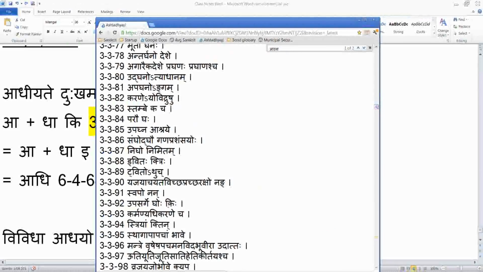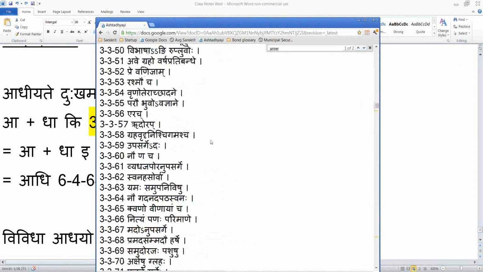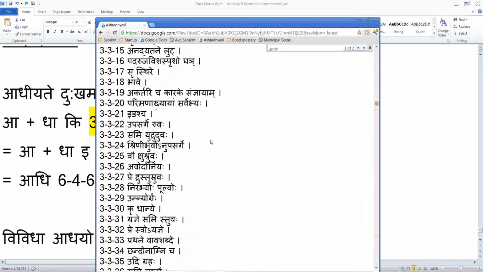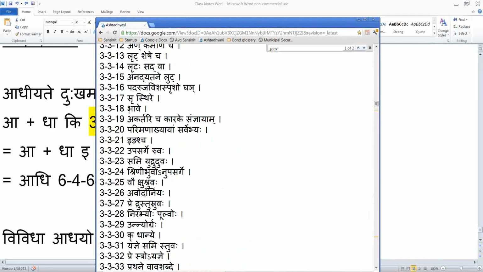Ki. Ghokihi. Now this 3.3 in the Ashtadhyayi is a place where Panini creates nouns from verbal roots. So in that adhikara, and there is an adhikara going on. See how this adhikara is so important in the Ashtadhyayi. The adhikara is of bhave and akartari chakarake sanyaya.